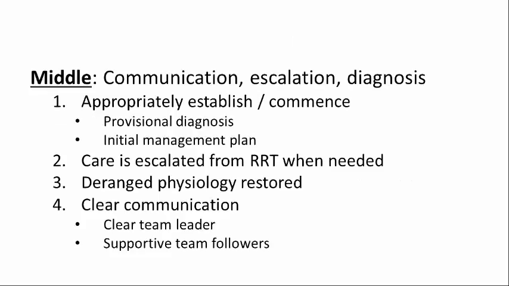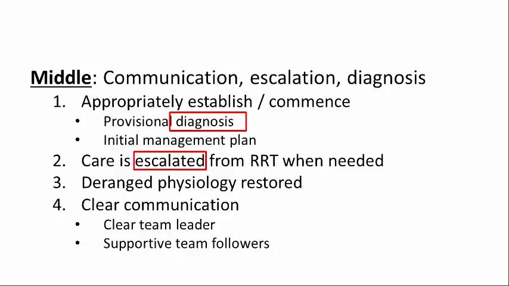In the middle, there is an emphasis on communication, escalation and achieving a diagnosis. So the provisional diagnosis needs to be established, and most importantly, you need to give your team permission and empowerment to escalate themselves, because keeping in mind the ward's escalated to them, if they feel out of their depth. And this is what I'm talking about in relation to the variability of the team expertise.